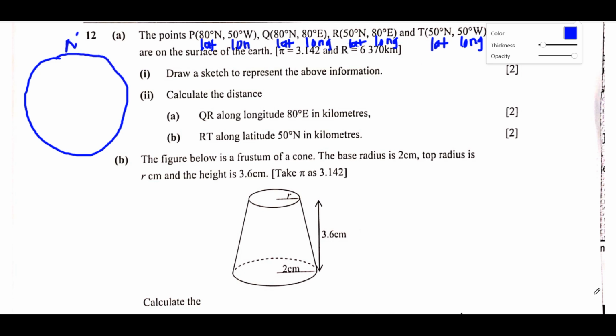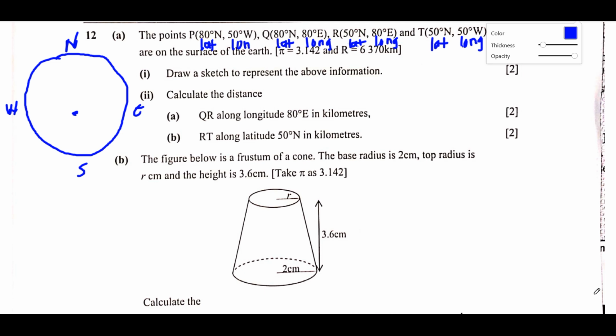Here we have the north, south, west, east. Then I'm going to put a point here as my center, just to guide me as I draw these points. So first, let's look at point P.